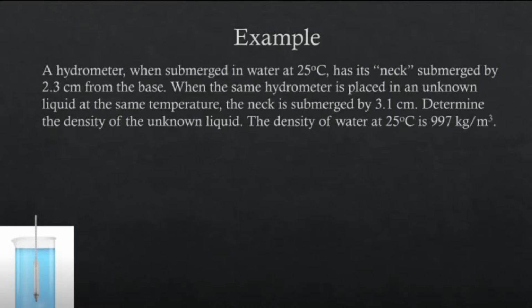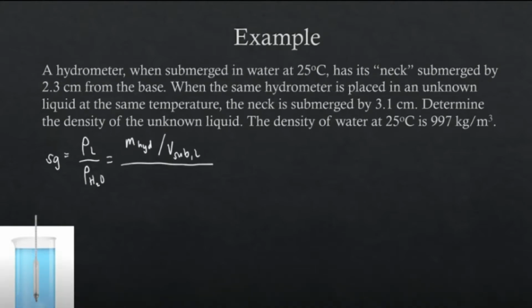The solution to this problem starts with the definition of specific gravity. The specific gravity is defined as the density of the unknown liquid divided by the density of water. Both of these are at 25 degrees Celsius. Based on our governing equation for hydrometers, the density of a liquid is the mass of the hydrometer divided by the volume of the hydrometer submerged.